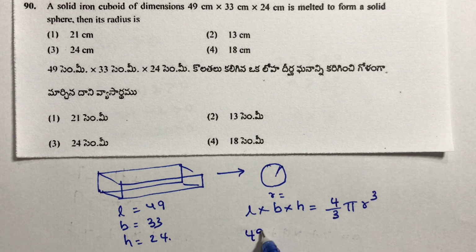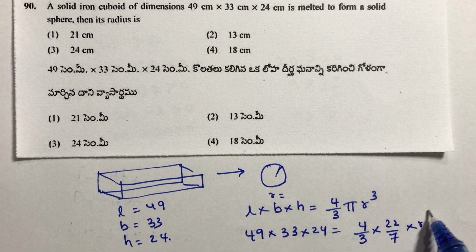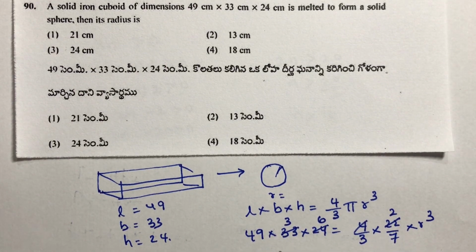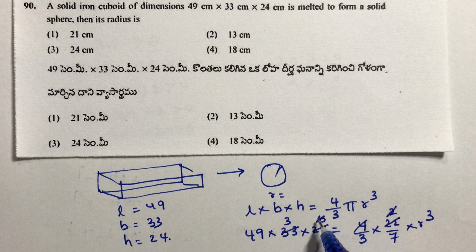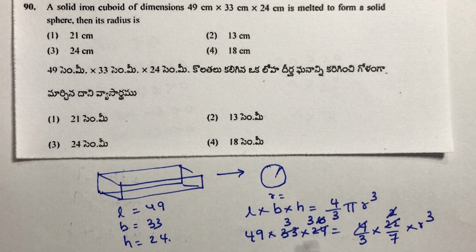So L is 49 into 33 into 24, equals 4 by 3 into 22 by 7 into r cube. So here see, 4 times 1, 4 times 6, and here 11 times 2, 11 times 3. Now 2 times 1, 2 times 3. Now if you see here, the next step: here 49 and here it is 7.